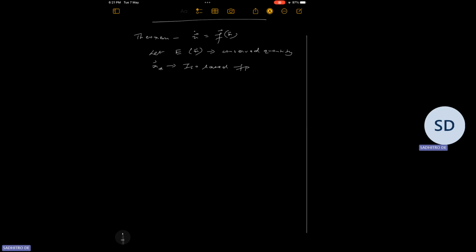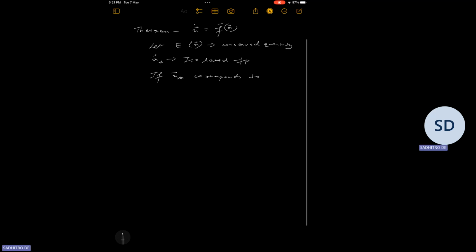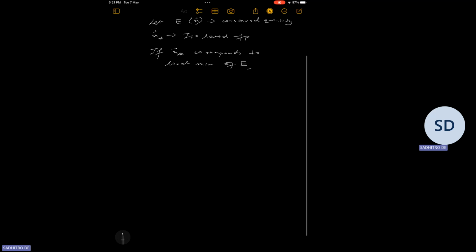So if all these conditions are satisfied, and if the fixed point x star corresponds to a local minimum of E, then all the trajectories which are close to this fixed point x star are closed trajectories.